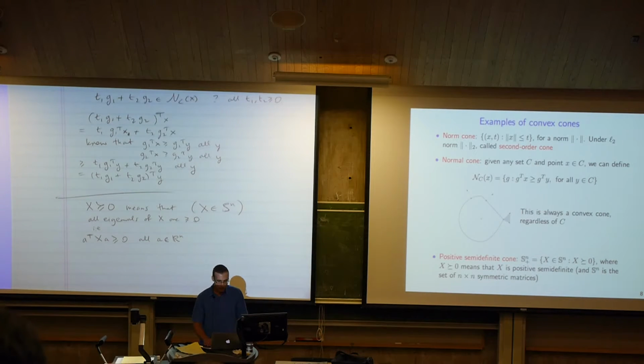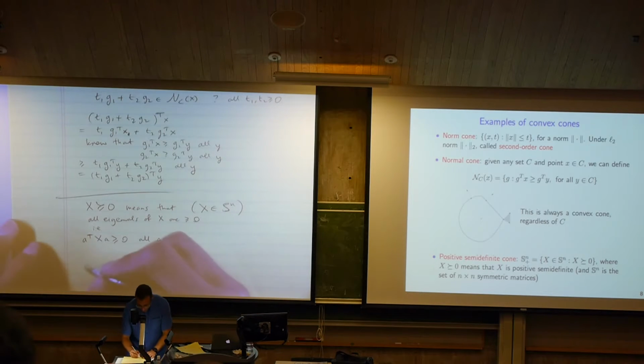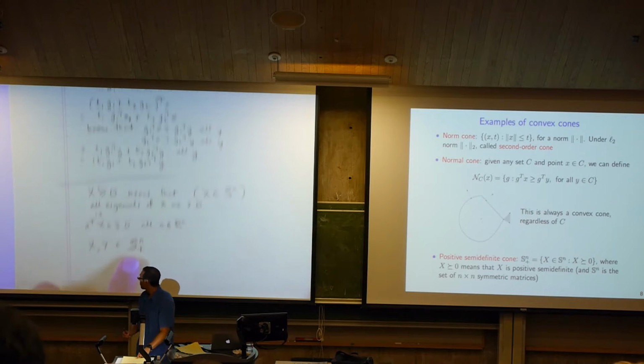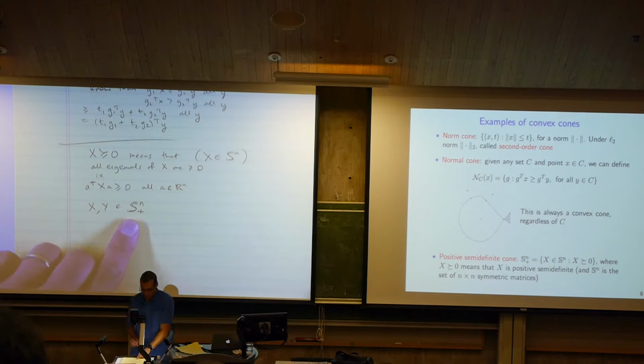So it turns out this thing is a convex cone over matrices. So let's check that also. What happens if I give you x and y that are in this set of positive semi-definite symmetric n by n matrices?